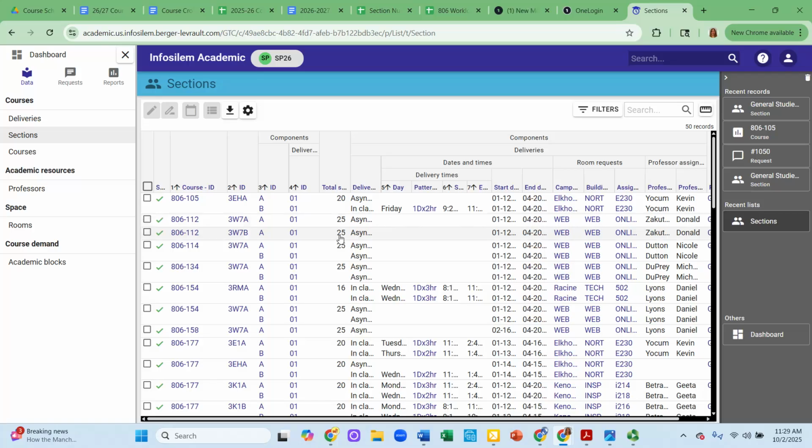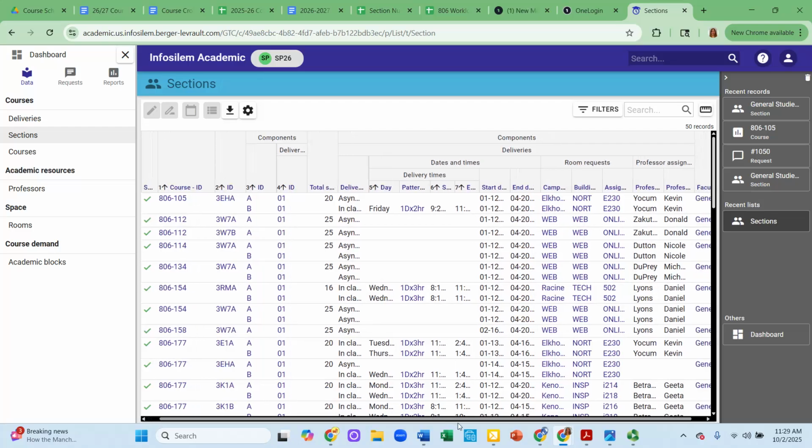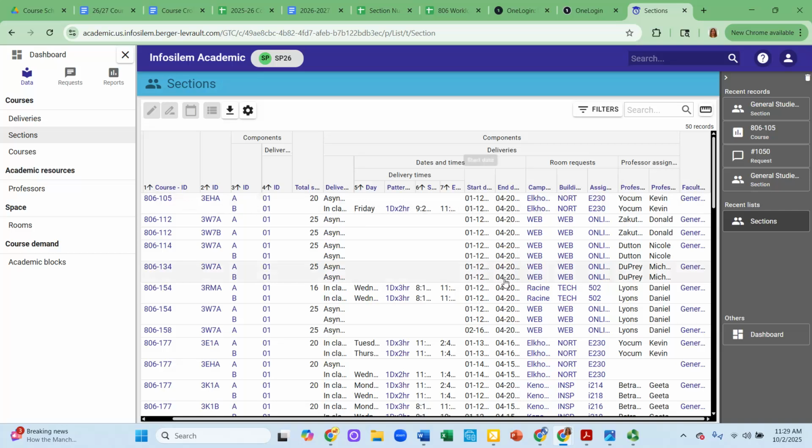Online, asynchronous, we can go up to 25. For my Racine physics lab, it's only 16. So depending on where it's located and what classroom I'm assigning to it, I have to make sure that that's correct. The other thing I have to make sure is that the days, start times and end times make sense. Then I review the start and end dates.